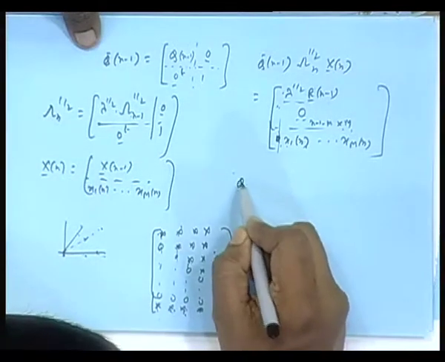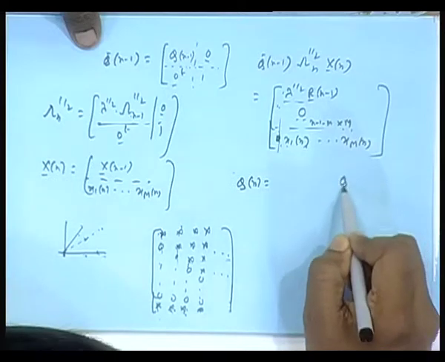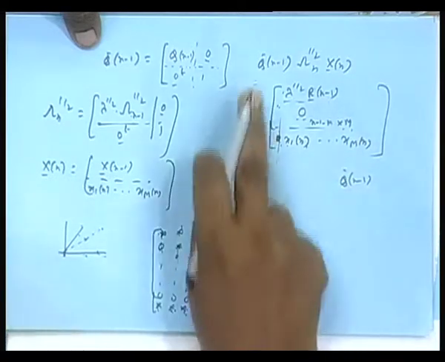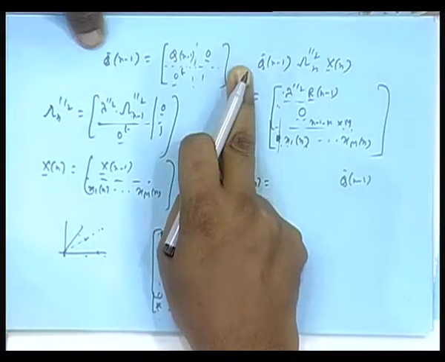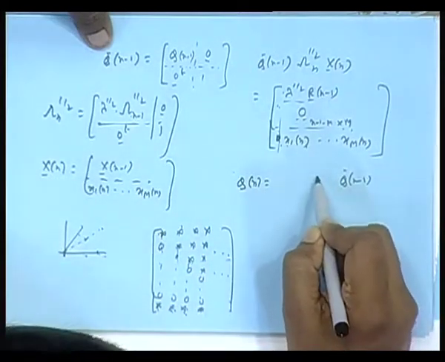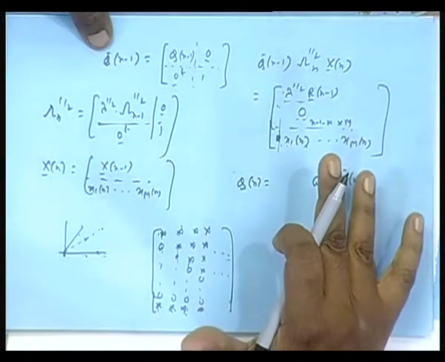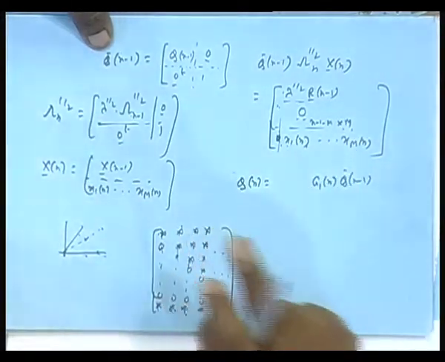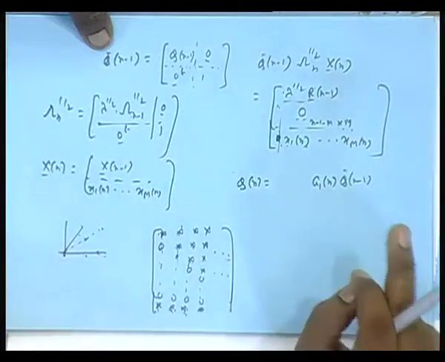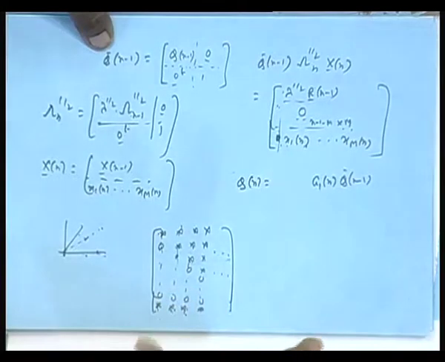So, that means Q_n is nothing but Q-bar_{n-1} pre-multiplied by one rotation corresponding to the first column, which you can call G_1n. G_1n is a rotation matrix. There will be a C, there will be an S, there will be a minus S, there will be a C, and otherwise diagonal entries will be 1 and elsewhere zeros.